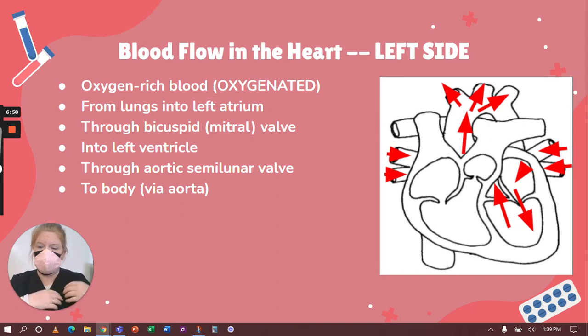Left atrium, bicuspid or mitral valve, left ventricle, through the aortic semilunar valve, to the body through the aorta. So again, left atrium, bicuspid or mitral valve, left ventricle, aortic semilunar valve, aorta, to the body.